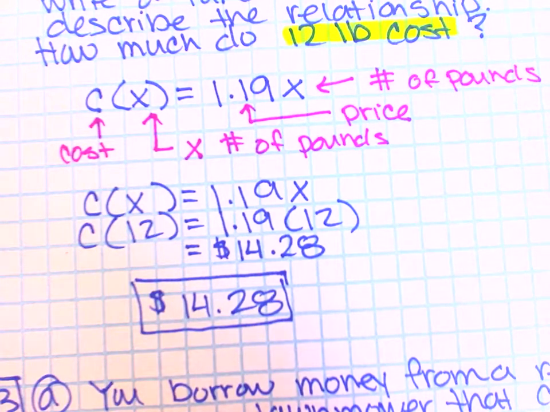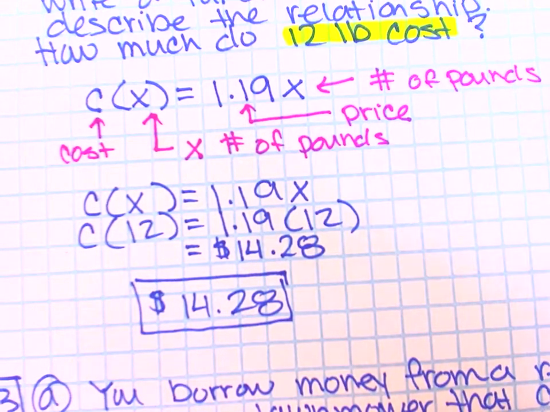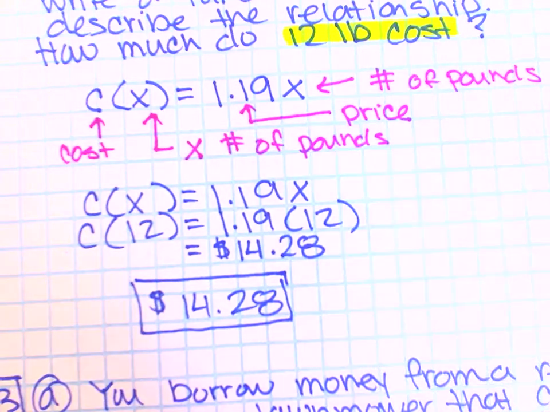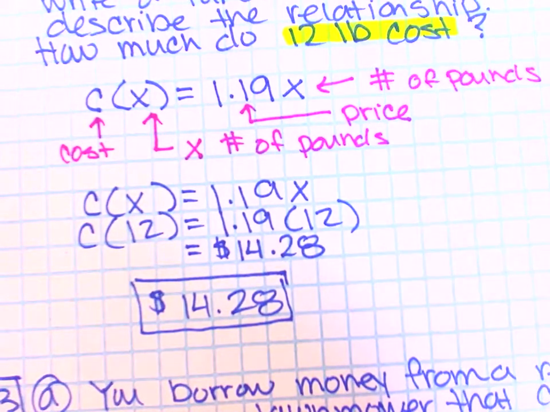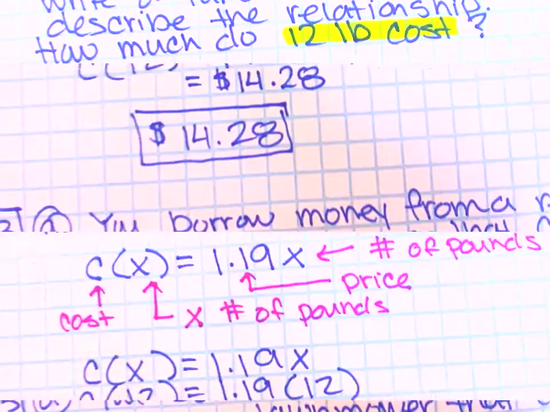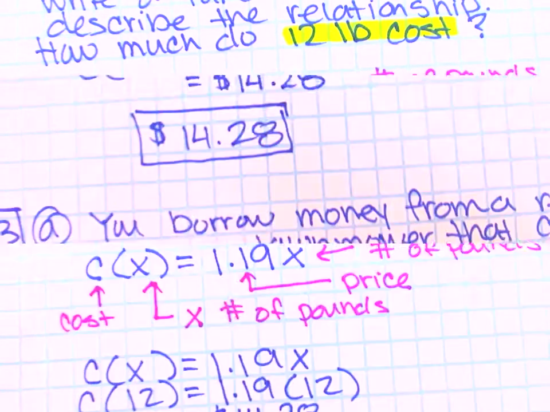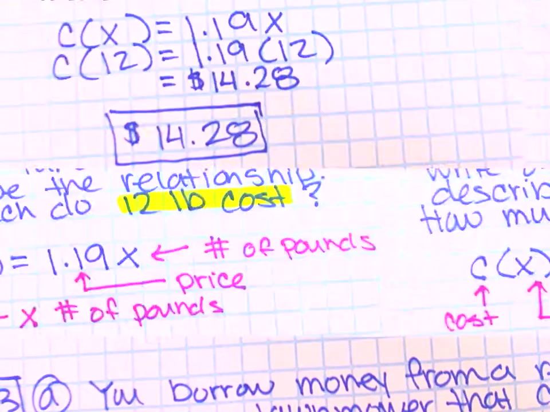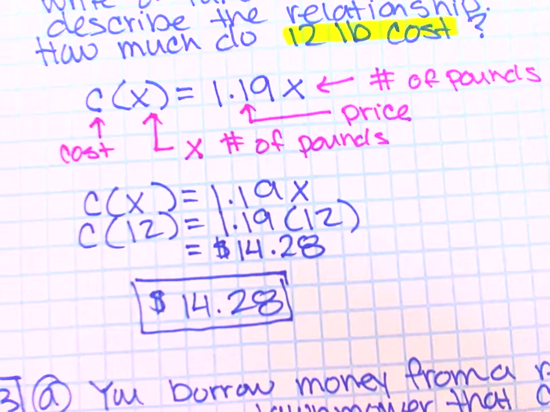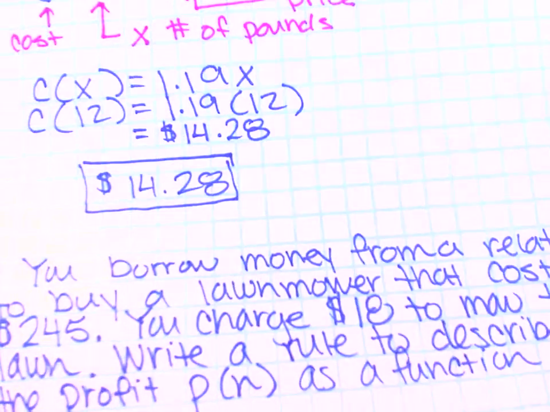Write a rule to describe the profit. We're gonna call the profit P of n as a function. Okay.